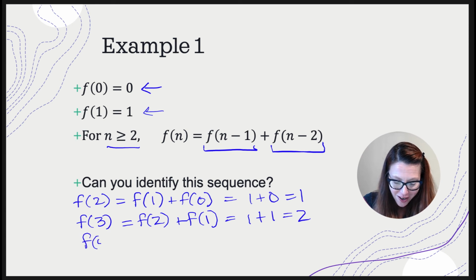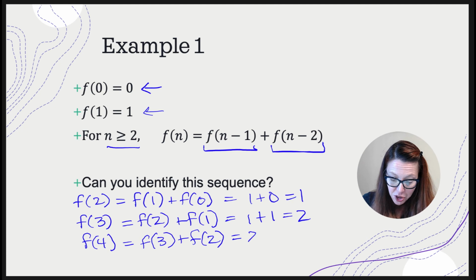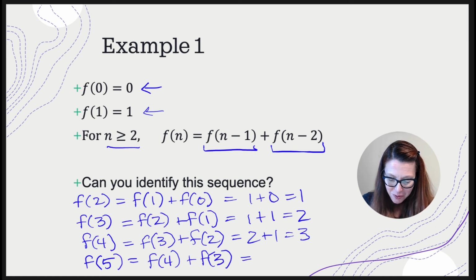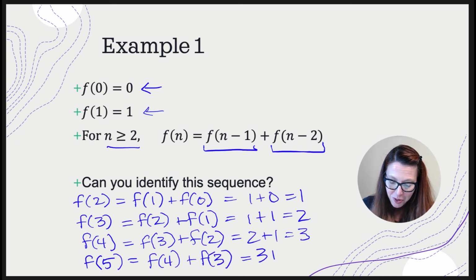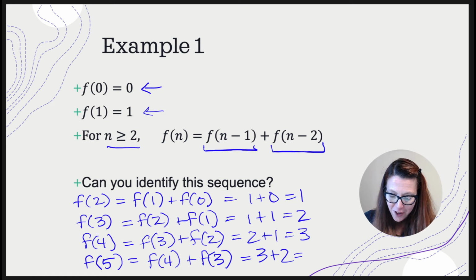F of 4 is the sum of f of 3 and f of 2, or 2 plus 1, which is equal to 3. And f of 5 is the sum of f of 4 and f of 3, which is equal to 3 plus 2, or 5.